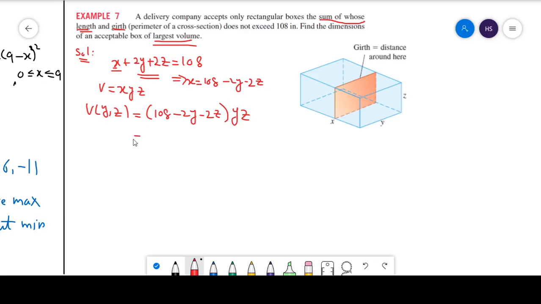This function will become equal to 108yz minus 2y square z minus 2yz square. Since this is a polynomial in two variables, this can never be undefined.